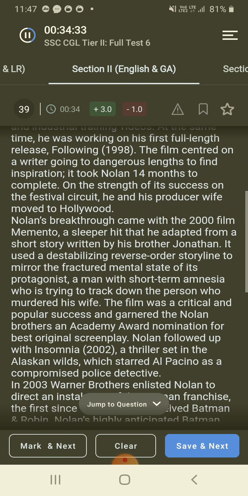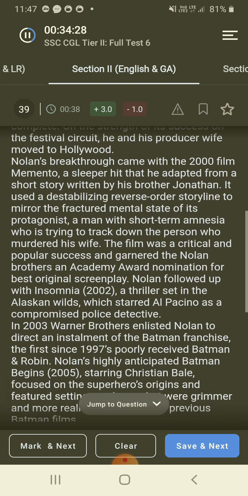It used a destabilizing reverse order storyline to mirror the fractured mental state of its protagonist, a man with short-term amnesia who is trying to track down the person who murdered his wife. The film was a critical and popular success and garnered the Nolan brothers an Academy Award nomination for Best Original Screenplay.